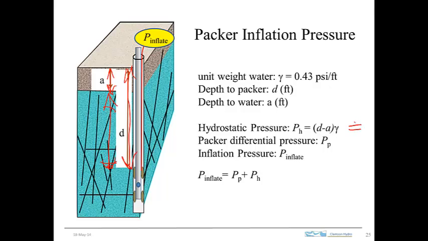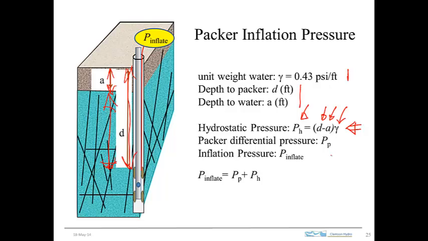So here's the formula, where that's the unit weight, there's the total depth of the packer, and there's the depth to the water table. And when you do this, you have to use the correct units. So if D and A are in feet, then gamma, the unit weight, would be in psi per foot, or at least that's a convenient unit to use, because then you'll have the hydrostatic pressure in psi.